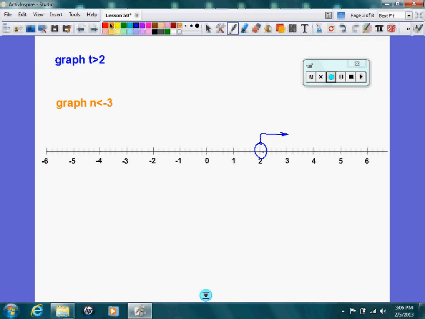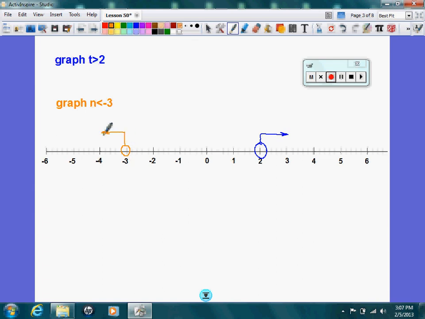Okay, here's our next one. Let's graph n less than -3. Well, first we locate -3 on our number line. Here's -3. And n less than. Well, less than would be to the left. Can it be -3? No, it has to be less than -3. So it would be a hollow dot, I'll call it, and would point to the left.